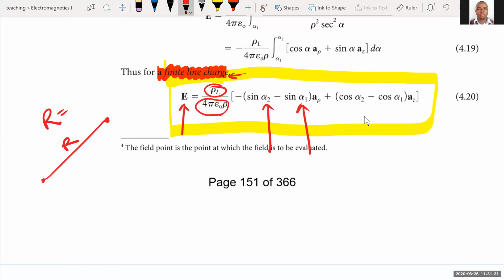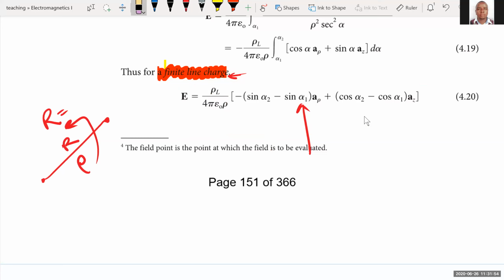Now we are introducing rho to represent this R, so not much has changed. In the past we used to have R squared, but now we simply have rho replacing it. From the derivations, that is where the one R got lost. But we are introducing another concept: sine alpha 2 minus sine alpha 1 in the direction of a rho, and cosine alpha 2 minus cosine alpha 1 in the direction of a z.